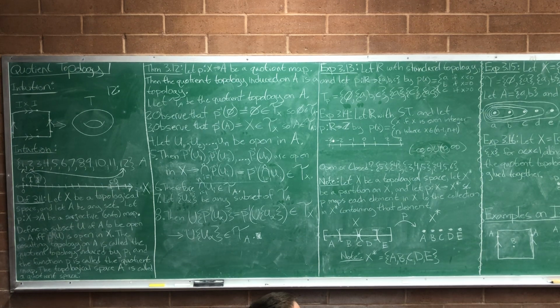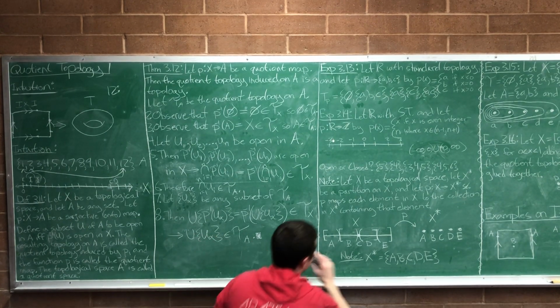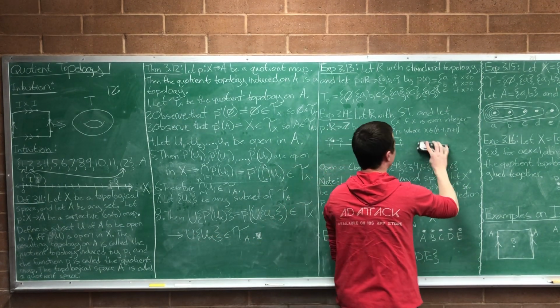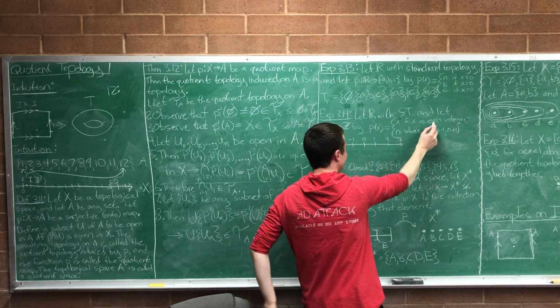Alright, so once again, let R be the real numbers with the standard topology, and let P be a function from all the real numbers to Z. What's Z? Integers. The integers, wonderful. And here's how we're going to do it. We're going to map a number to itself if it's an even integer.